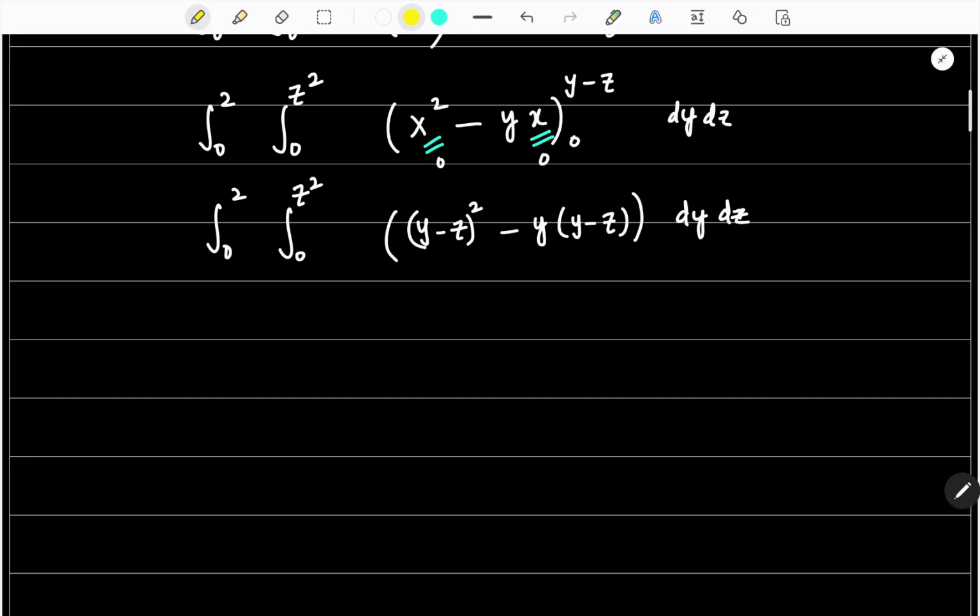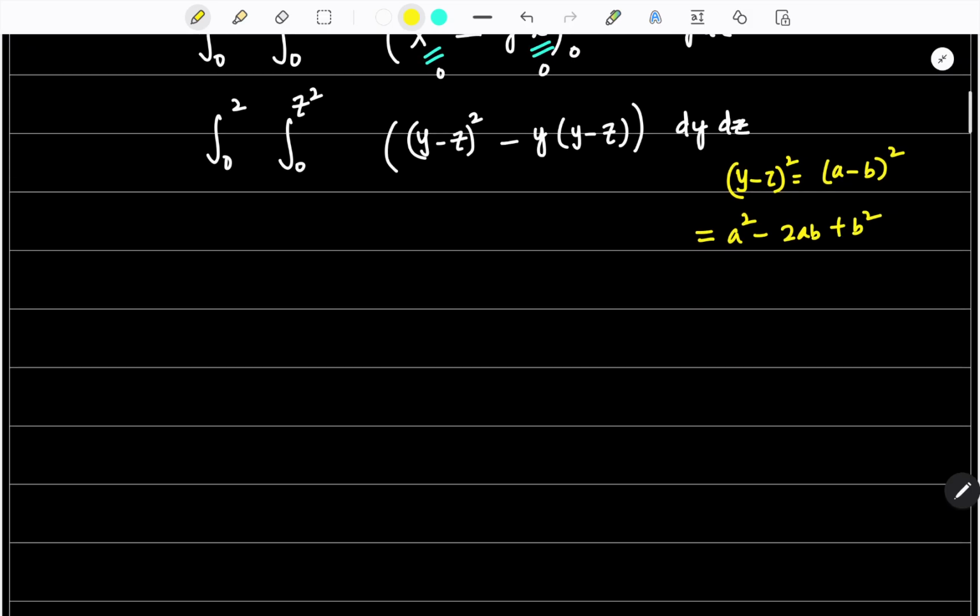So let me work out this y minus z the whole square. Which is a minus b the whole square. What is a minus b whole square? a square minus 2ab plus b square. What is in the place of a? y. What is in the place of b? z. So it is y square minus 2yz plus z square.